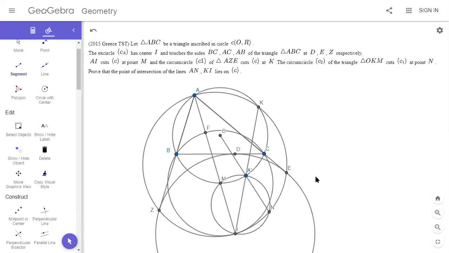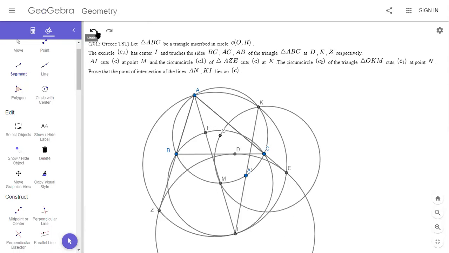Are you using N or N prime to solve the problem? I'll go back a couple steps, because I think you're using N as it was originally. So MNO is equal to MN prime O. Okay.